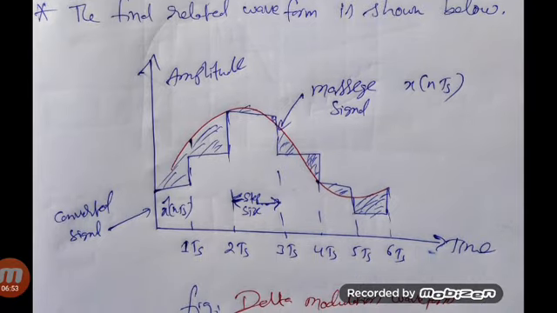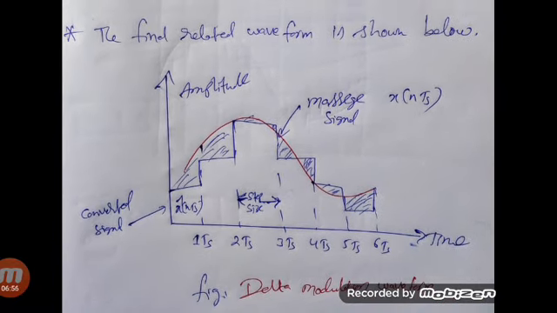This is the final diagram of delta modulation. Here delta modulation converts the continuous sine signals to discrete signals, and discrete signals are converted to digital signals, assigning equal time intervals Ts, 2Ts, 3Ts, 4Ts, 5Ts up to nTs.